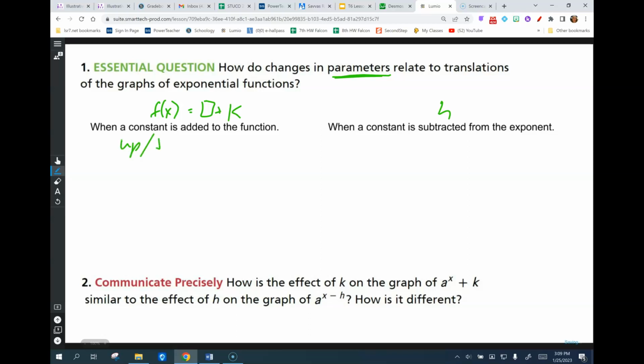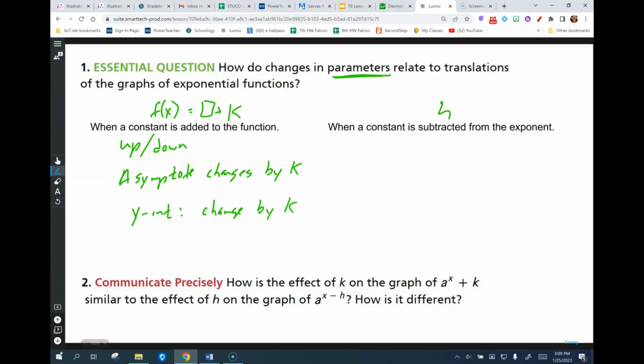Okay, the asymptote is going to change. And how does it change? It changes by k, whatever k is. If it's positive k, it moves up. Negative k, goes down. Your y-intercept is going to change by k also.